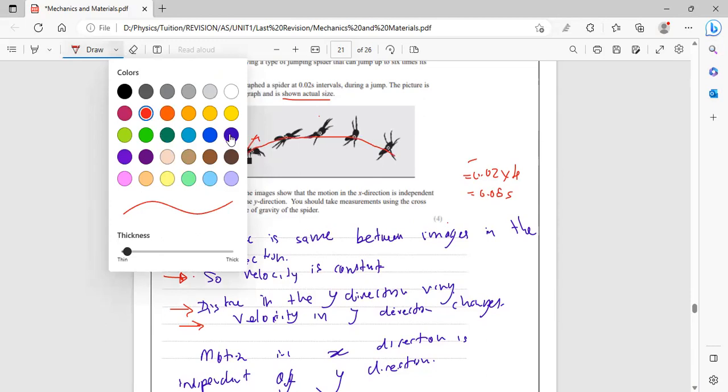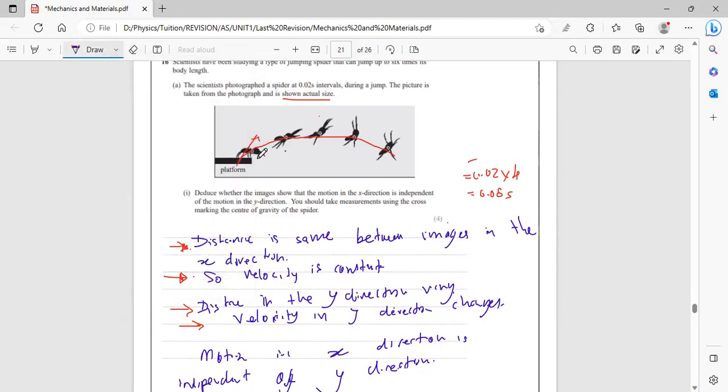That means the spider must have vertical and horizontal components at the beginning. Its velocity is at an angle. So we can go for vertical velocity and horizontal velocity separately.